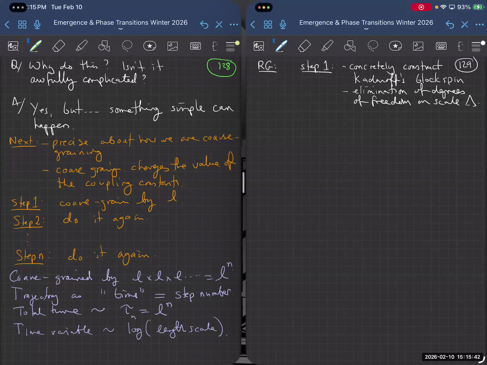So basically what that means is that any Fourier components greater than 2 pi over lambda, those are eliminated by the averaging, by the coarse graining. They are eliminated, leaving only longer wavelength Fourier components.